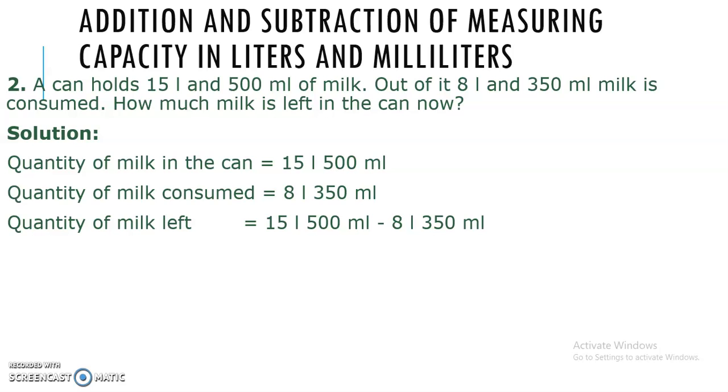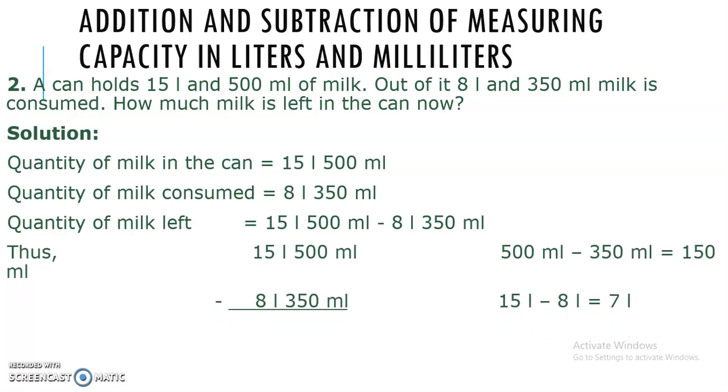Quantity of milk in the can minus quantity of milk consumed. And that is 15 liters, 500 milliliters, minus 8 liters, 350 milliliters. 500 minus 350 is 150. 15 minus 8 is 7.